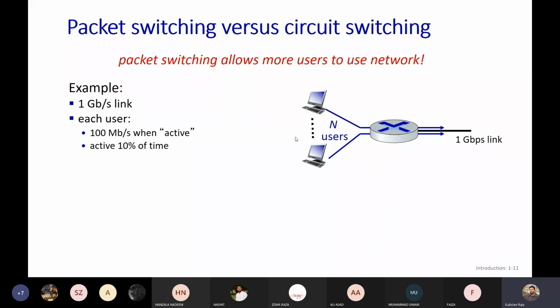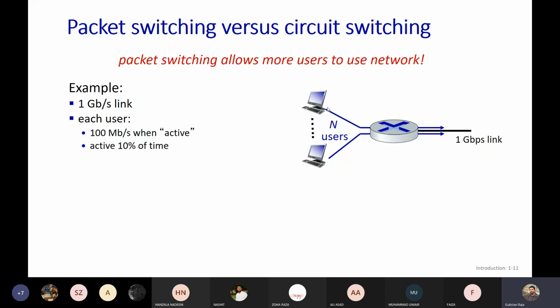But in packet switching, what happens, we'll talk about it. Let's take an example. Say we have this 1 Gbps link, and here in this router we have n users. Now you know that n users will not be active all the time. It's practically feasible and logical that n users will not be active at the same time.